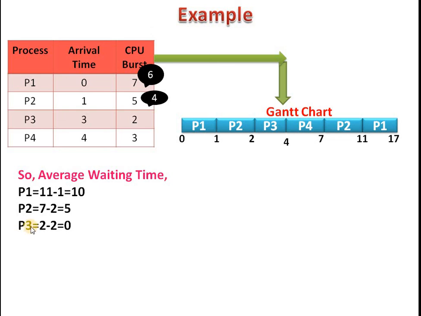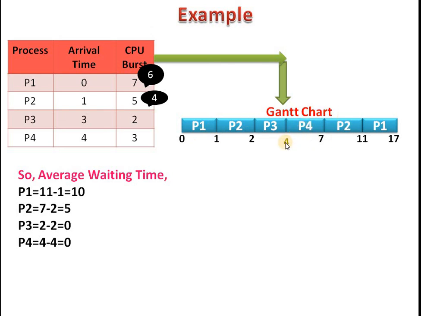Next, P3. Its waiting time is 2, and its arrival time is 2. So 2 minus 2, it's 0. And last, that is P4.